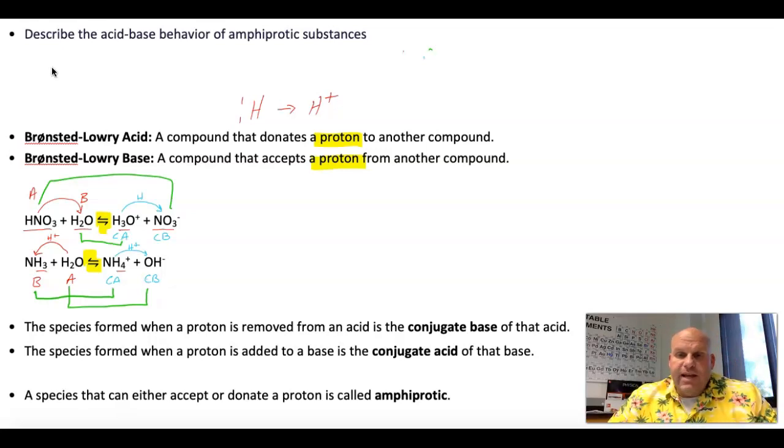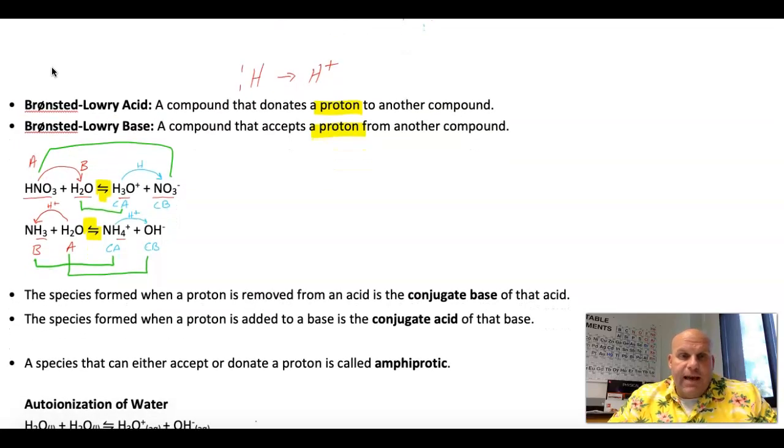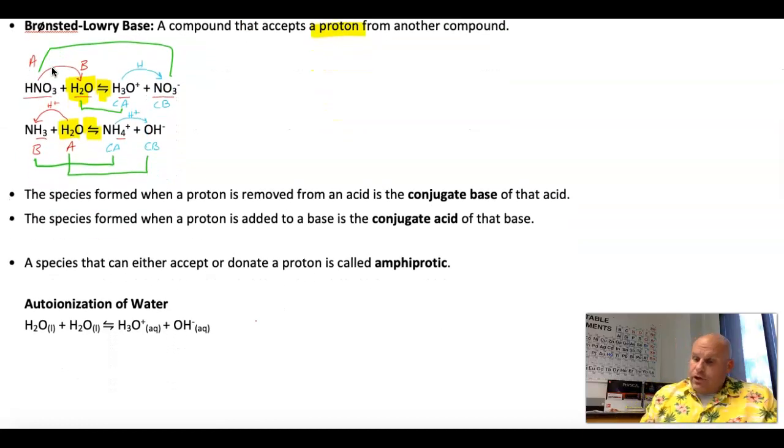Now, in these first two examples, you may have noticed something interesting. In the first example, water is acting as our base, our proton acceptor. In the second reaction, our water is acting as an acid, donating a proton. Water is amphiprotic, and you can see that term right here.